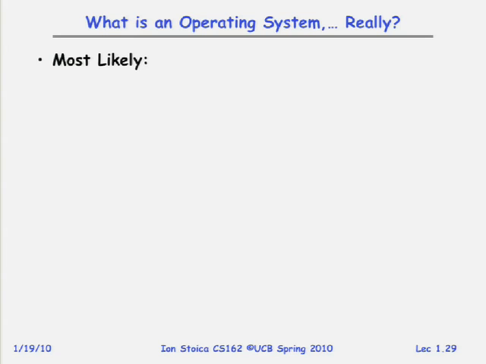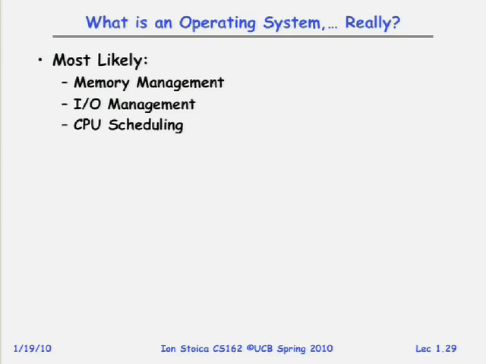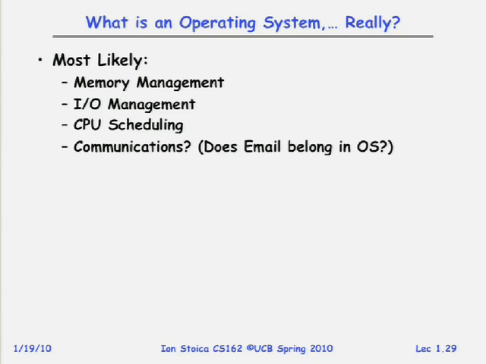Now, what is in an operating system? What does it fit in? Memory management, we would agree that memory is a very important resource. It has to be managed. I/O management, the same, right? CPU scheduling, communication.